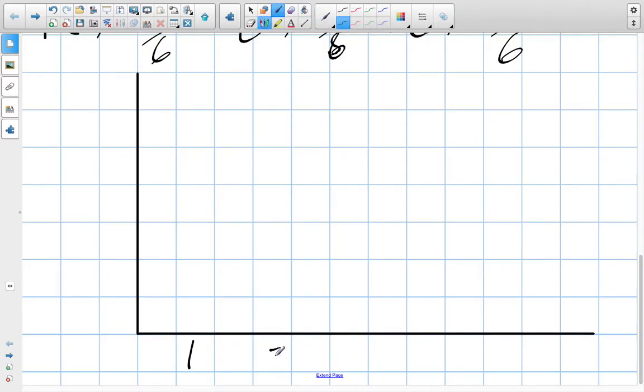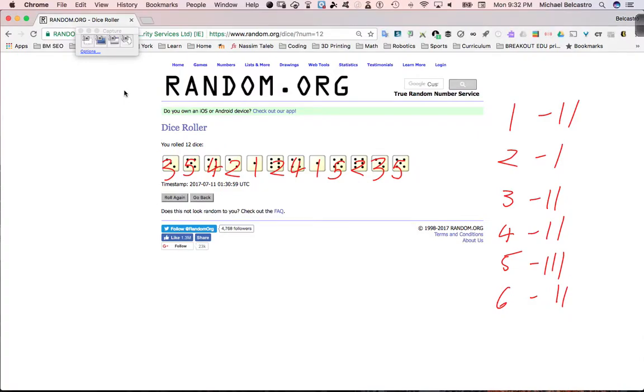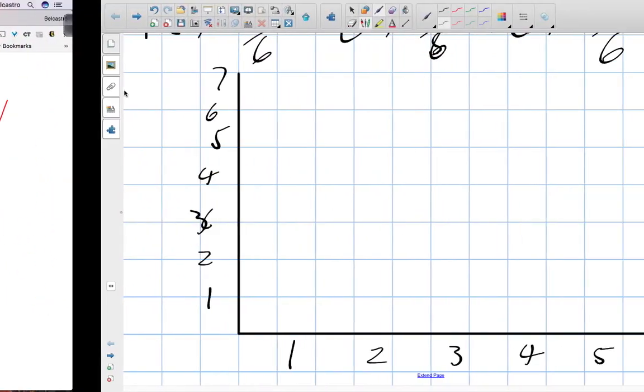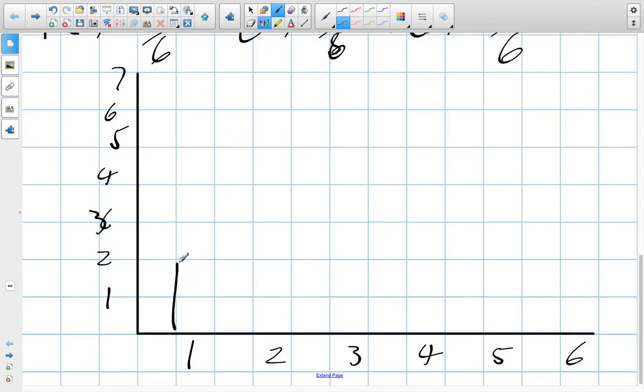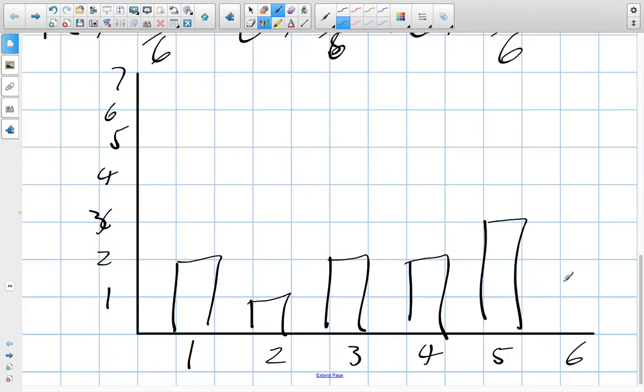So a 1, a 2, a 3, a 4, a 5, and a 6. So I did it really quickly so that I wouldn't forget it.